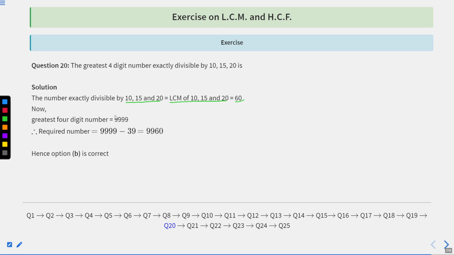Now the greatest 4-digit number is 9999. So the required number is going to be 9999 minus 39, which is equal to 9960. So the correct option here is option B.